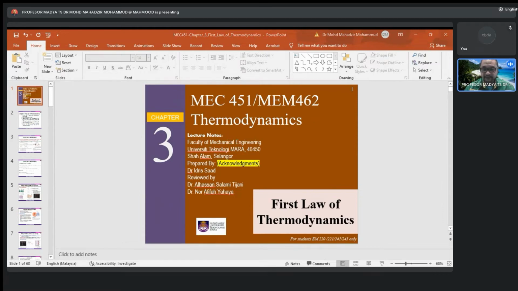Firstly, the objective of this chapter number 3: students must be able to introduce the concept of energy and define its various forms. That is objective number 1.